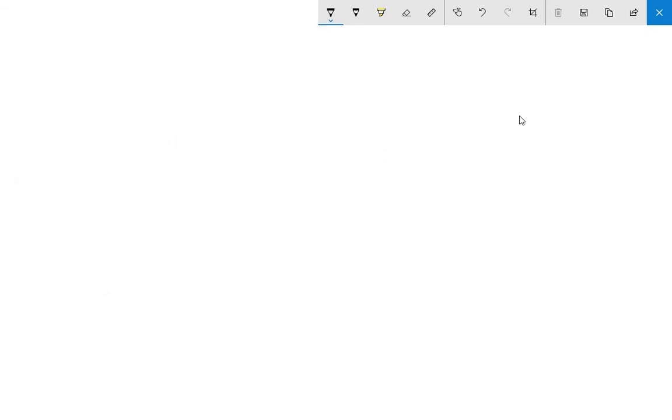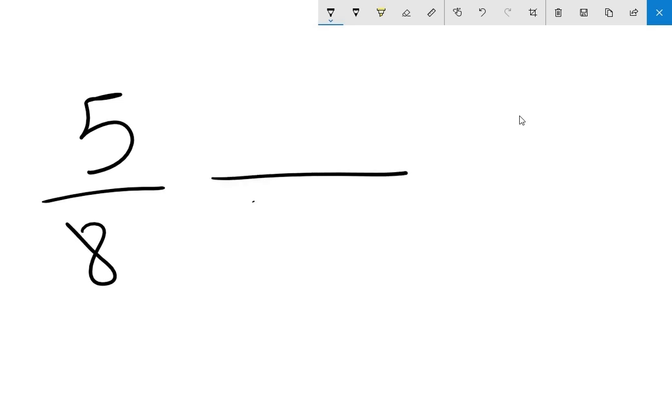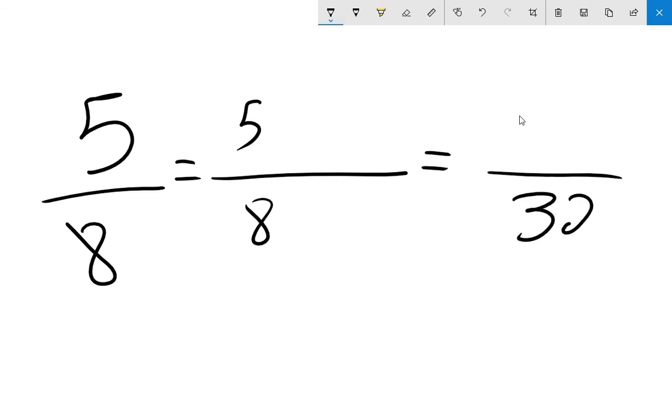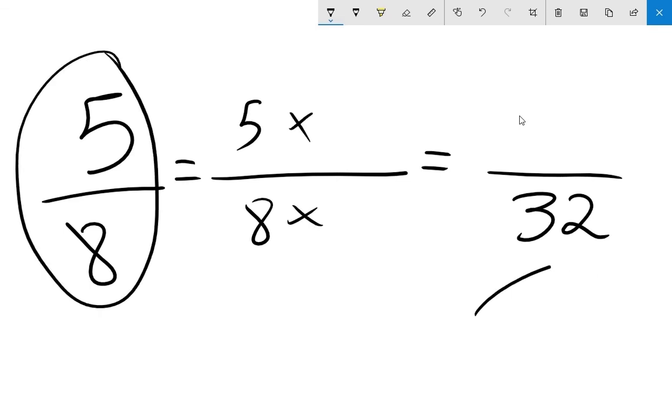Another example is, can you think of a number that can multiply 8 to give us 32? Try changing this fraction into a bigger fraction.